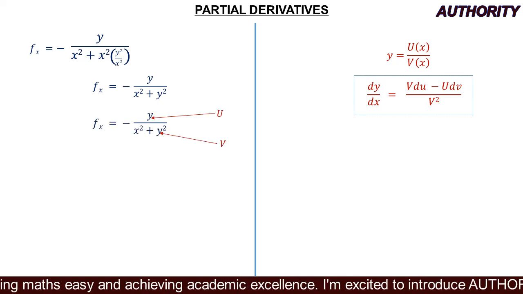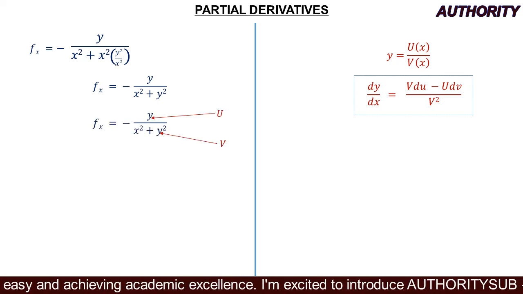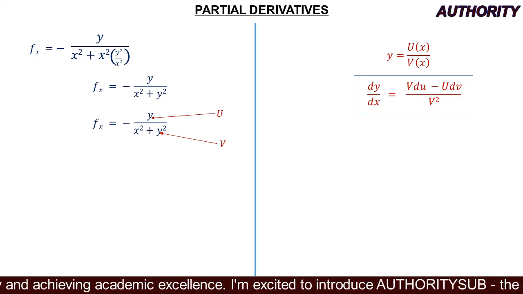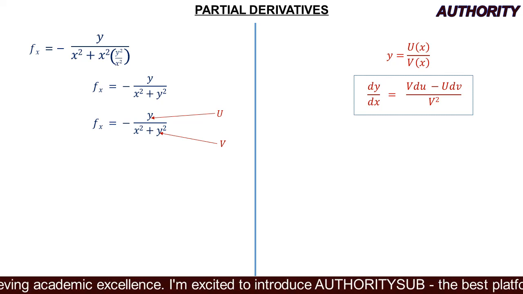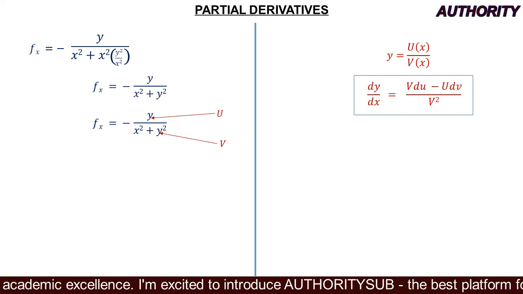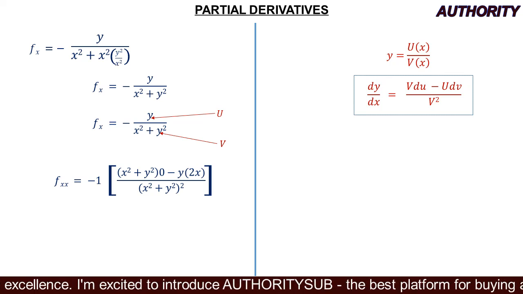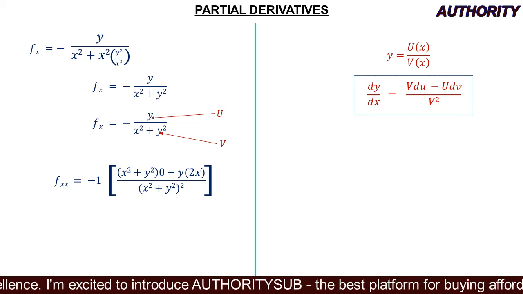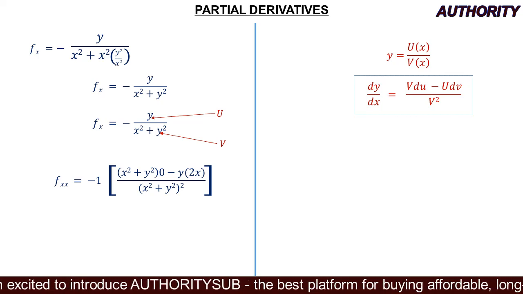Here we have that the partial derivative of f with respect to x is minus y all over x squared plus y squared. So the numerator is our u and the denominator is our v, right? Good. So here we bring the numerator up, which is x squared plus y squared in bracket. Now we differentiate the numerator, which is the u.